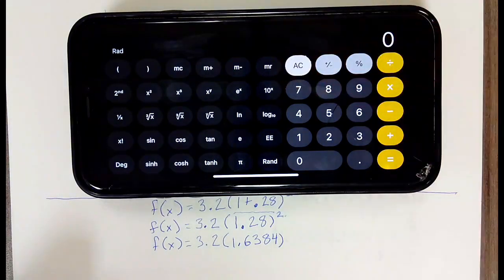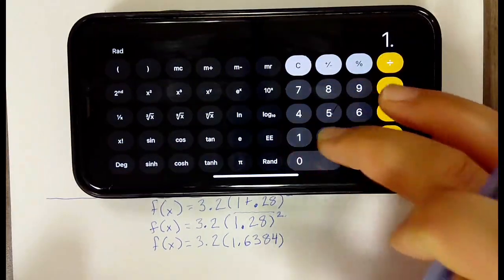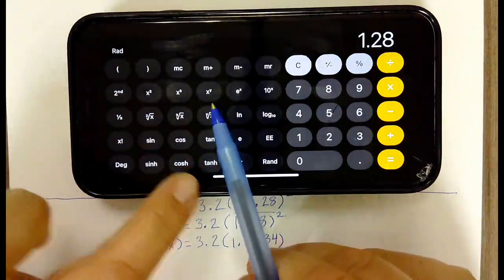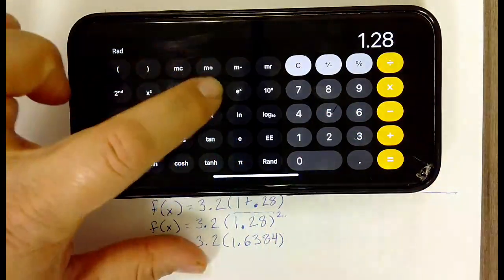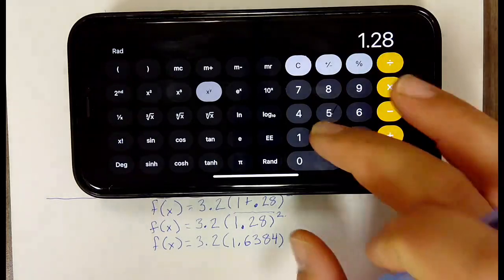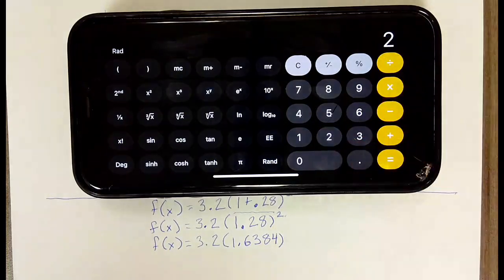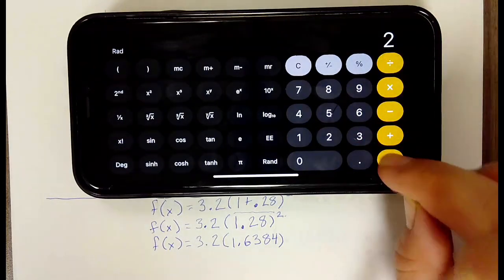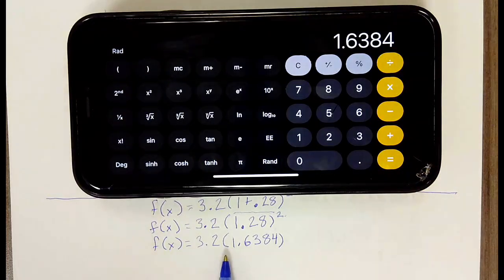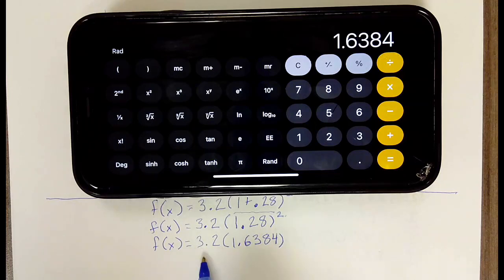The other way I can solve it is 1.28 and use this x to the power of y, to the power of, and I'll type in the 2, to the power of 2 equals, same thing, 1.6384. And then finally I'm going to multiply by 3.2.